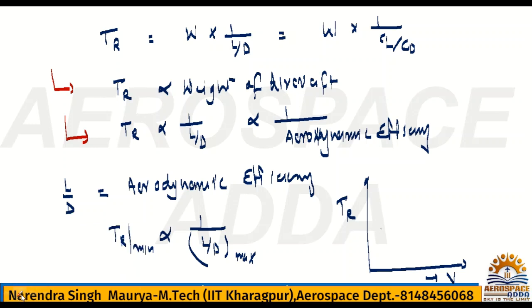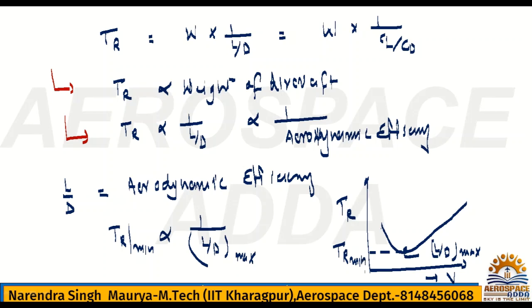Total drag you have seen. Total drag is nothing but thrust required. This is the plot for total drag. The minimum thrust you may get here at this point, the point where you will have L by D max. So this value will be the minimum thrust TR.